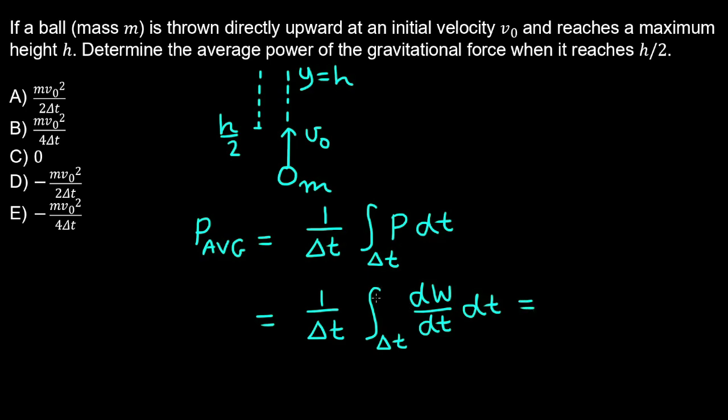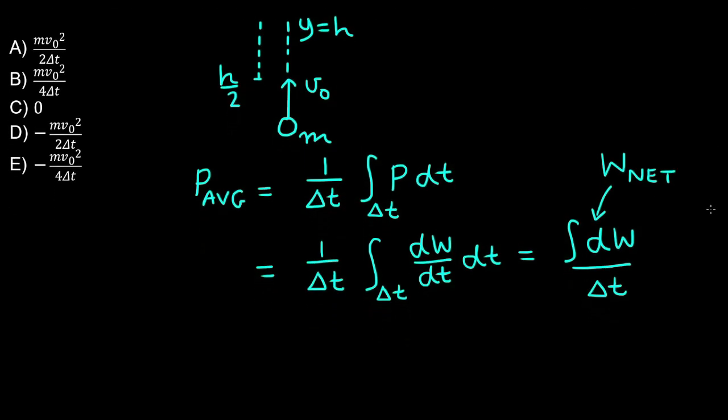and therefore this becomes an integral over the work on a change in time. So this integral is the net work done by the gravitational force in this case. So from y equals 0 to y equals h, the gravitational force does negative work because it points against the direction of motion of the ball.